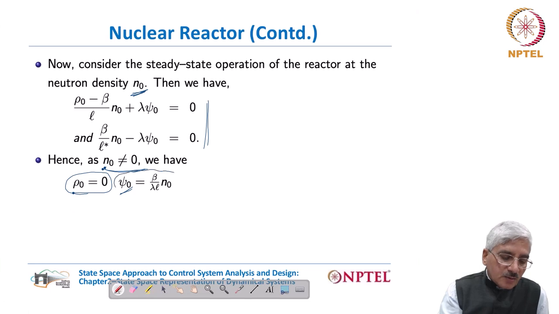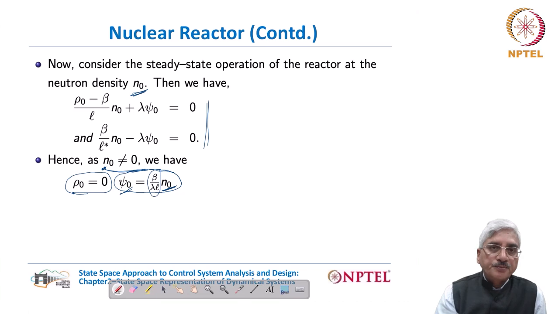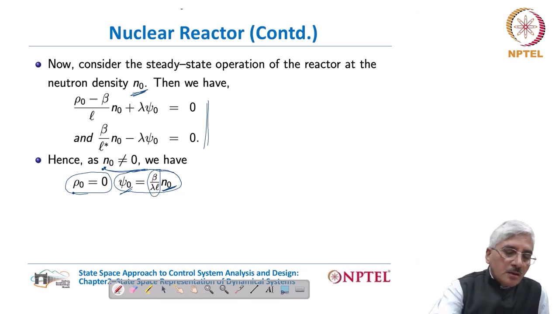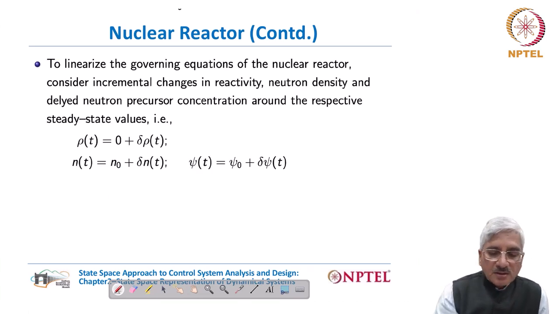And the delayed neutron precursor concentration is proportional to the operating neutron density, and the constant of proportionality is beta by lambda L. So around this steady state, we consider incremental changes. The steady state of reactivity is 0, the incremental change is delta rho. The steady state of neutron density is n0 and the incremental change is delta n.